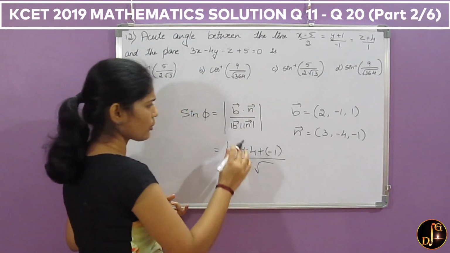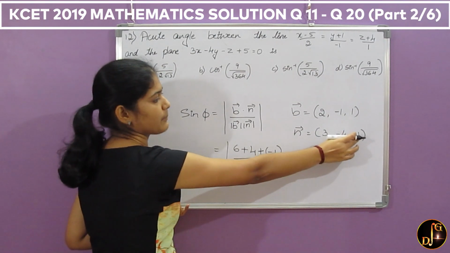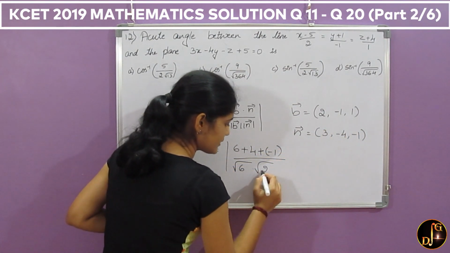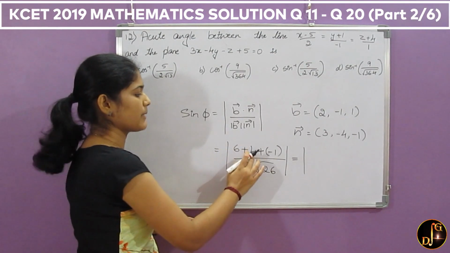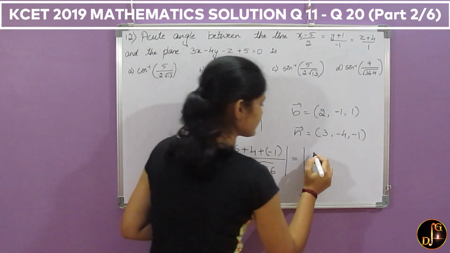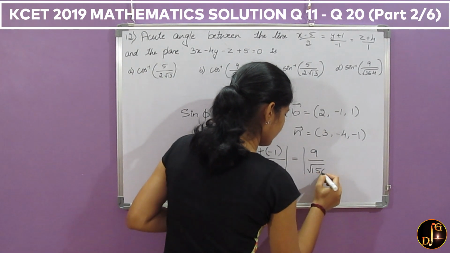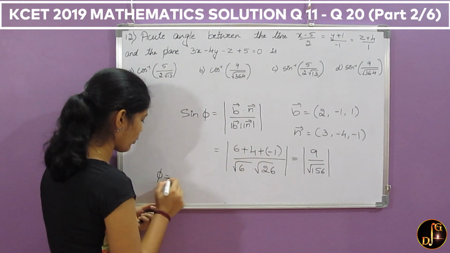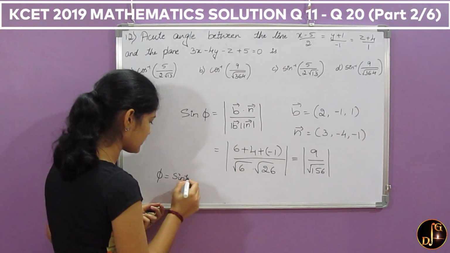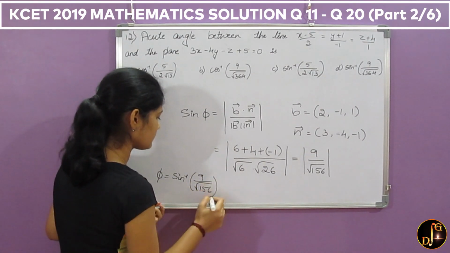Into square root of 3 square is 9, plus 4 square is 16, plus minus 1 square is 1. So it is 26. Right? That is nothing but 6 plus 4, 10. 10 minus 1 is 9. 9 divided by square root of 156. So, we will get phi is equal to sin inverse of 9 by square root of 156.